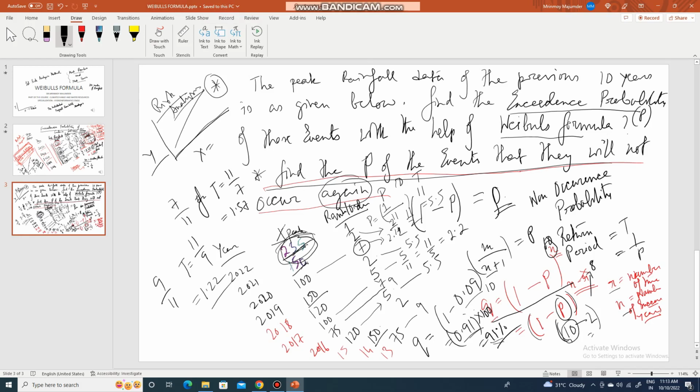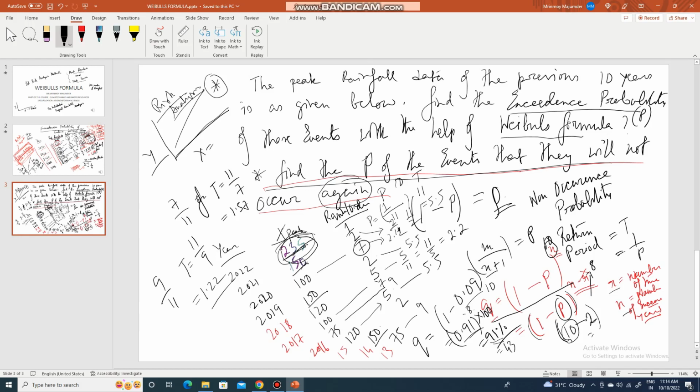Here n, the time period, minus the number of times they will not occur, 2 times. So 10 minus 2 is 8. So this 0.91 to the power 8 is coming to around 43.04%.